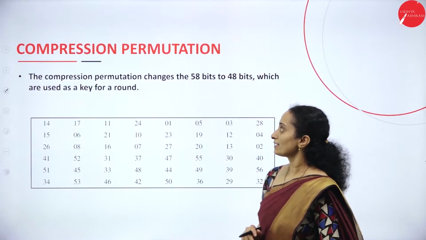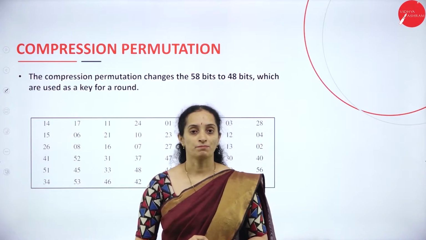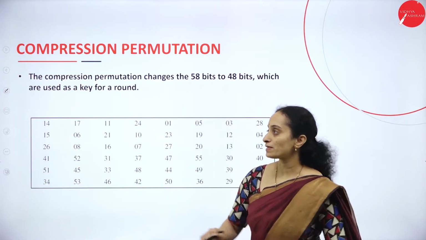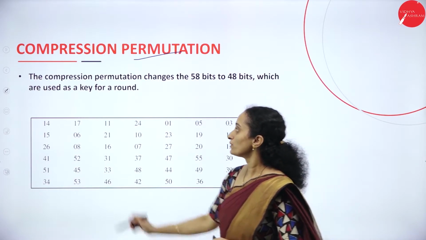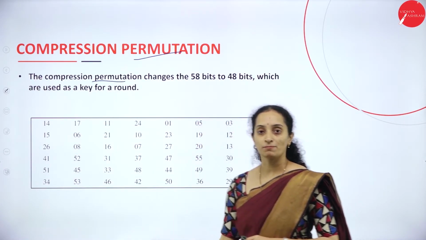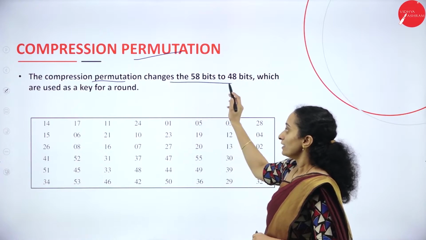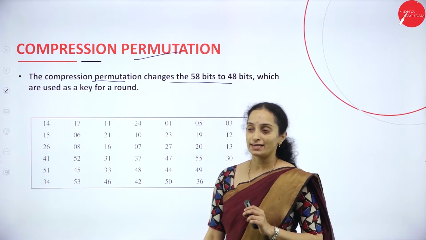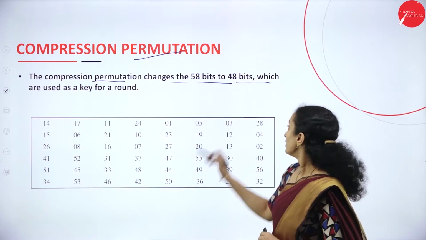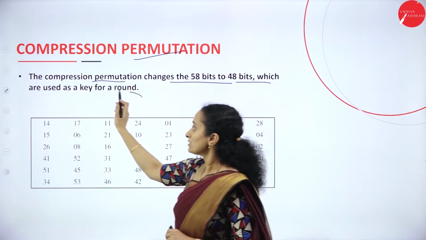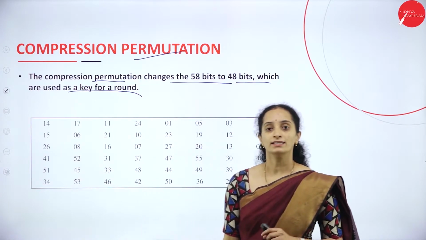Okay, next thing is compression permutation, using the compression P box. In this compression permutation, it changes the 56 bits to 48 bits, which are used as a key for a round.